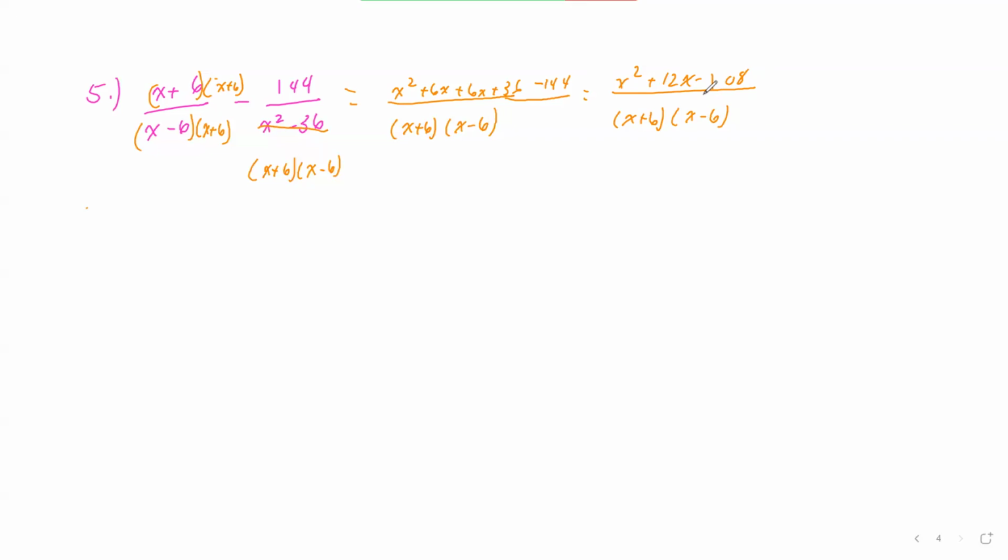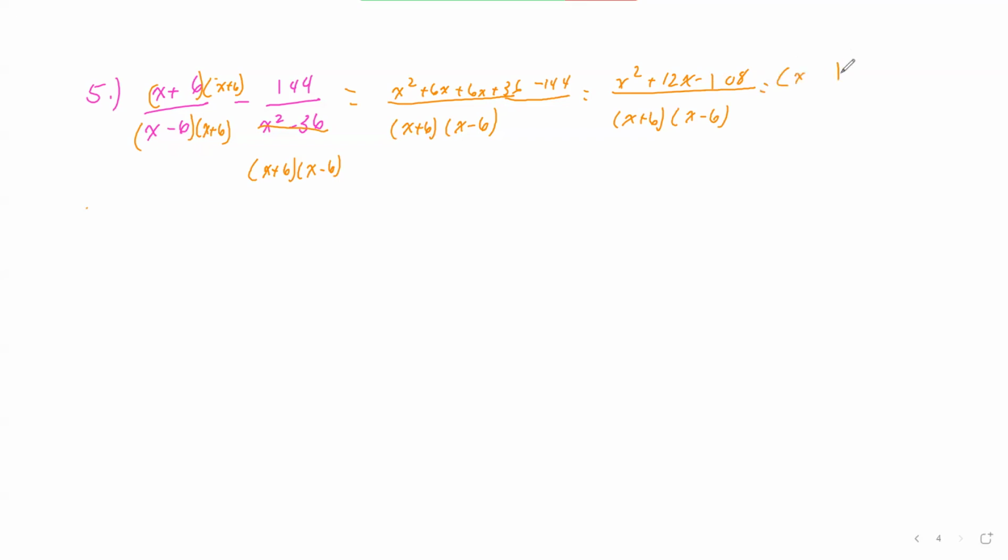So you got 2 and 54. 3 goes into 108 36 times. 4 goes into it 27 times. 5 doesn't go into it. 6 goes into, see, 6 goes into 108, 18 times. Oh, yep, there it is. So it'll be 6 and 18.